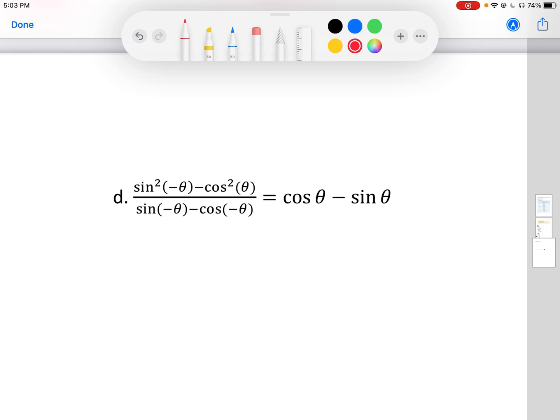Sine squared of negative theta minus cosine squared of negative theta, divided by sine of negative theta minus cosine of negative theta. It might be worth noting the negatives that come with even and odd functions and how they work. So look at your even and odd functions, from that first page.